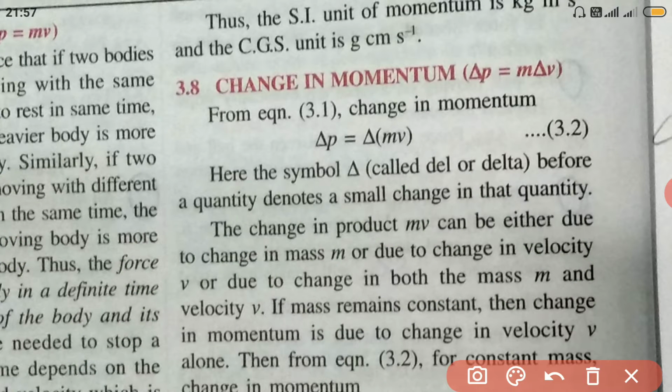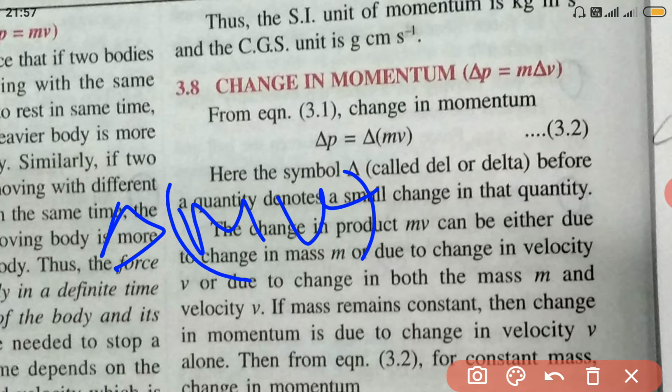So here the symbol del represents small change. The change in the product mv can either be due to the change in the mass or due to the change in velocity. This change in the product of mass and velocity can be because of the change in mass or change in velocity or both, right?